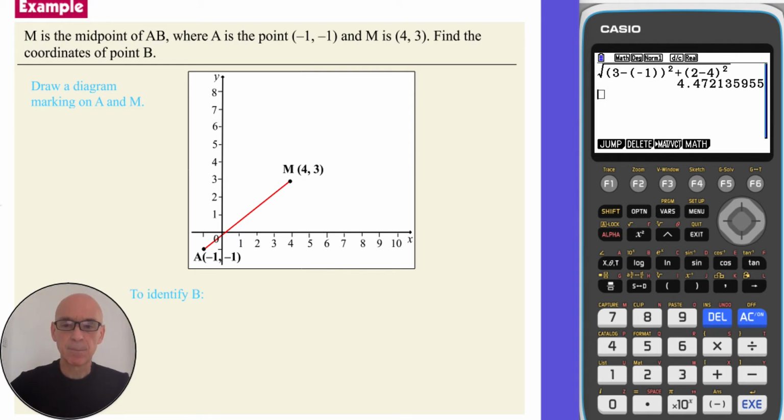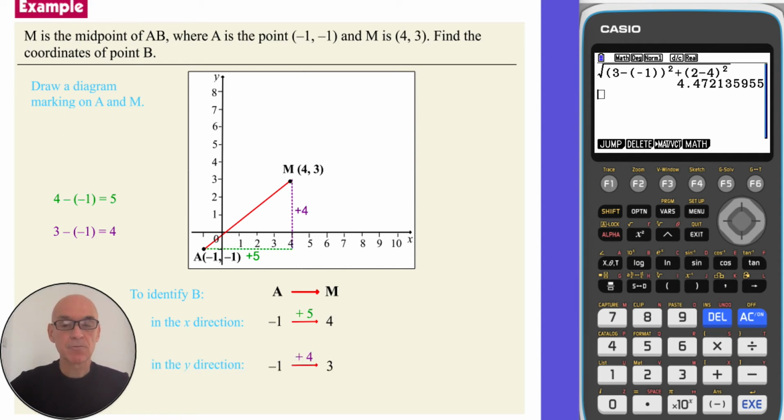To identify point B, if we first subtract the x-coordinates between A and M, giving the value of 5, so in moving from A to M, we must move 5 units parallel to the x-axis, as shown. Then subtracting the y-coordinates of A and M, giving a value of 4, this represents the 4 units that we must move up, or parallel to the y-axis, to get from point A to M.